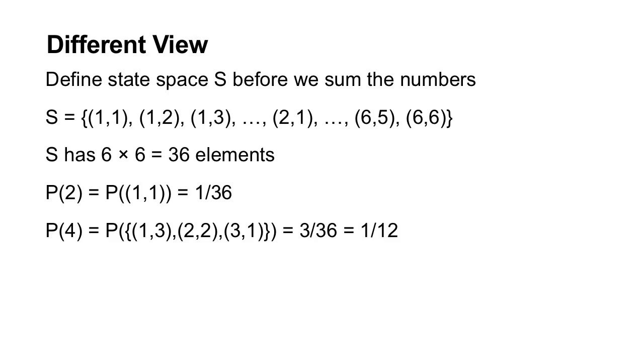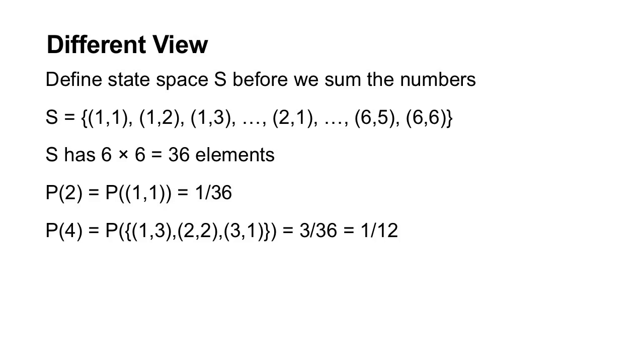First die, second die. What are now the possible outcomes? 1,1, 1,2, 1,3, 4,4, 4,5, 4,6, 5,1, all the way to 6,6. Now we see our sample space has not 11 numbers, it has actually 36 pairs.